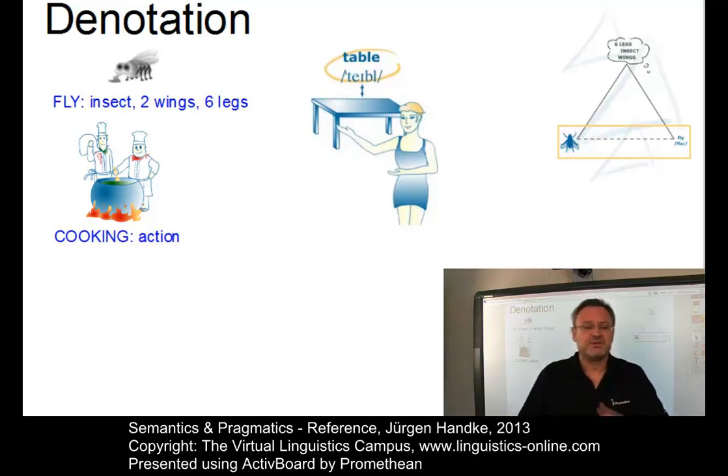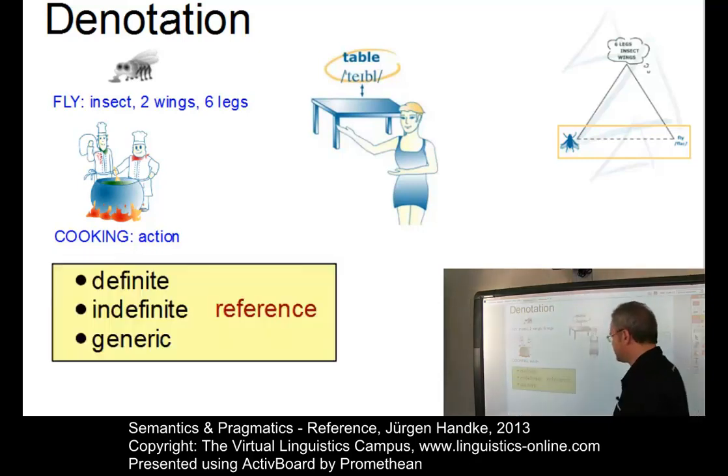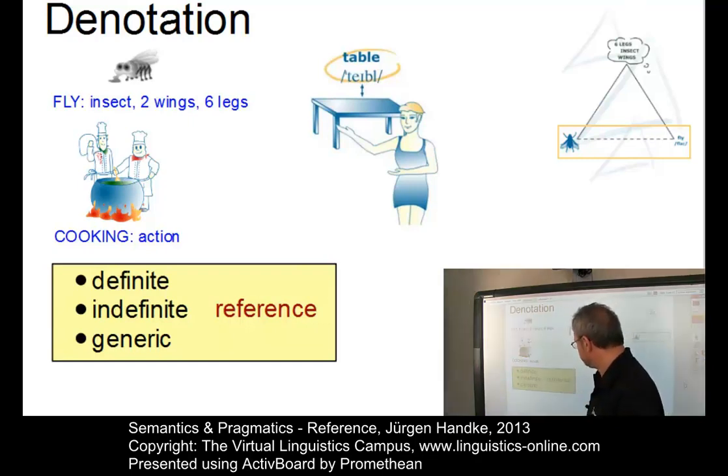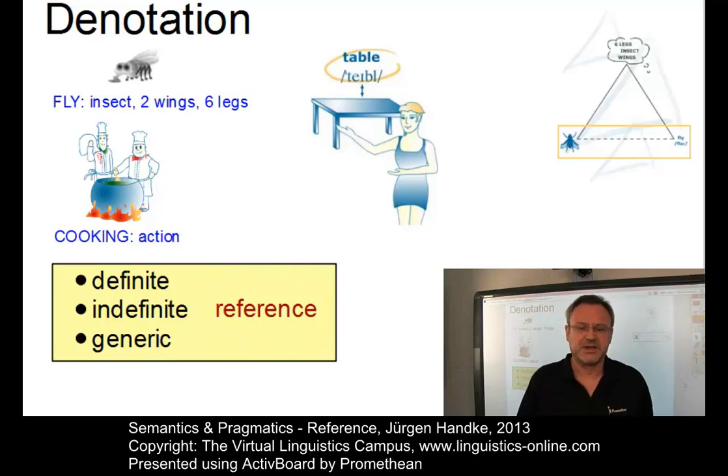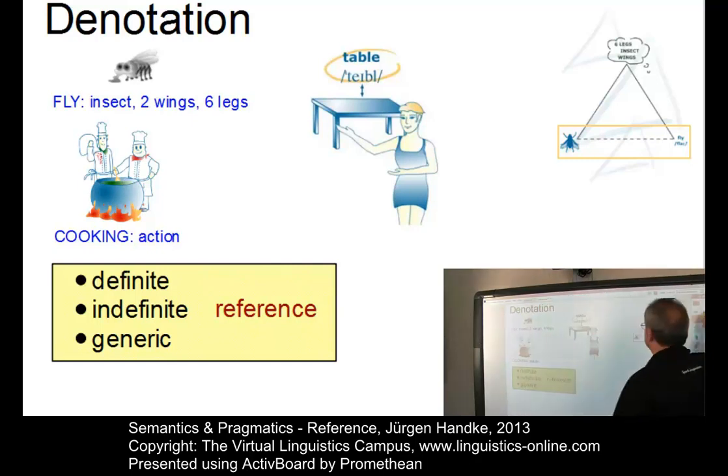In short, referring is what speakers do, while denoting is a property of linguistic expressions. The following types of reference can be defined: definite reference, indefinite reference, and generic reference. Let us look at these types of reference in detail.